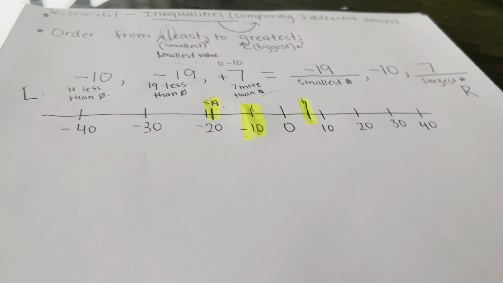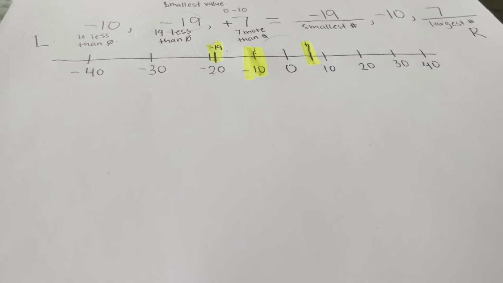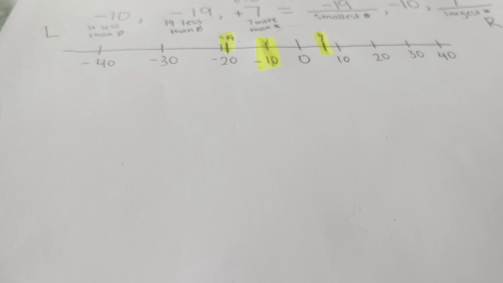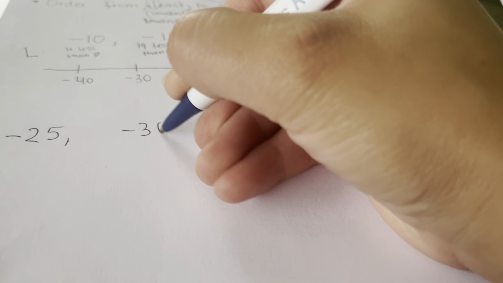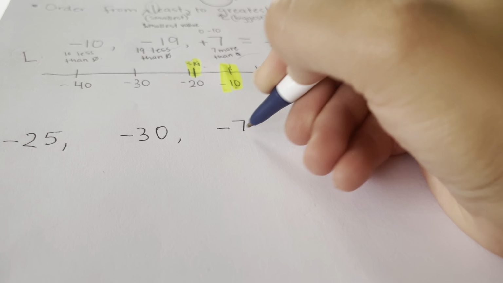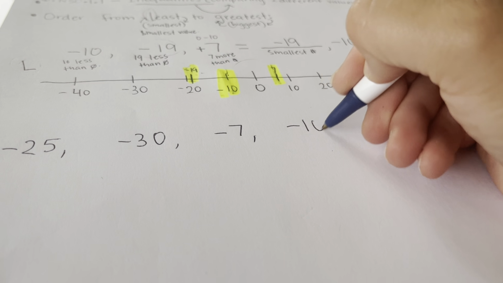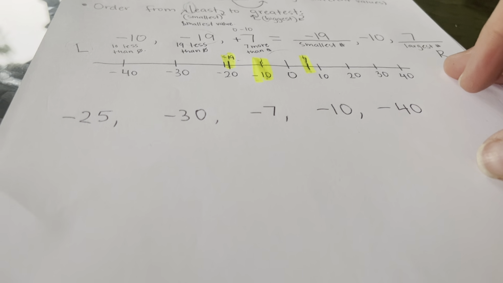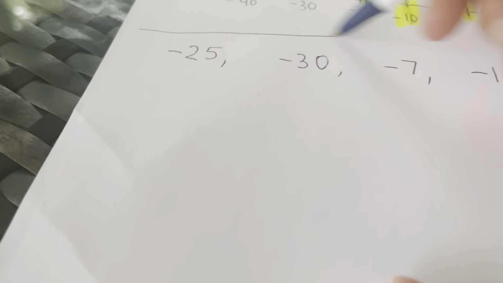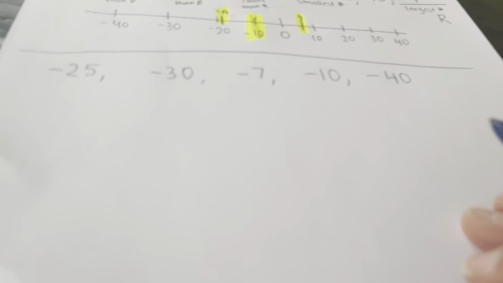So I'm not going to draw a number line for the next one. I'm going to give us 5. Let's say negative 25, negative 30, negative 7, negative 10, and negative 40. I'm just going to separate this.